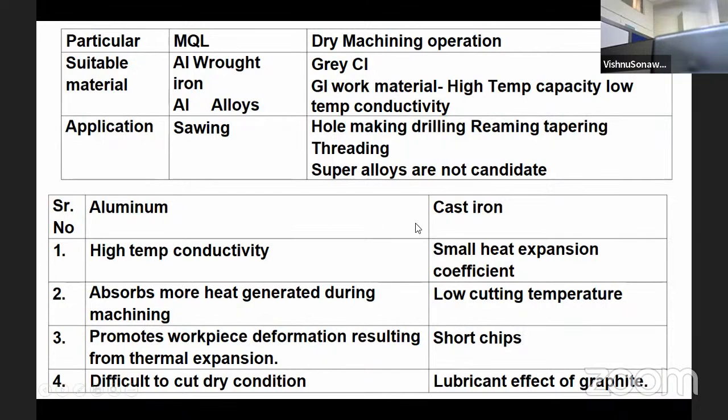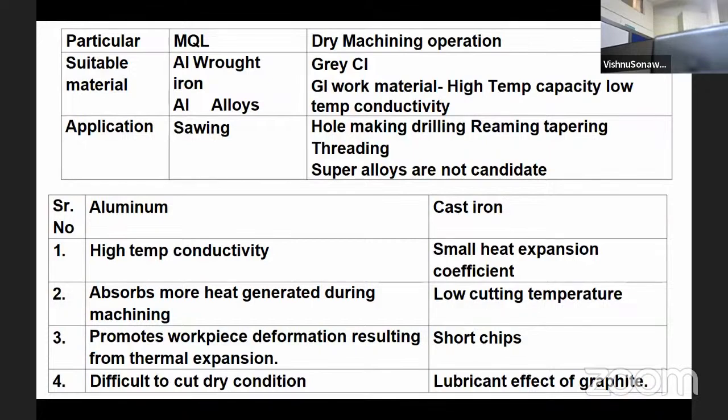Then, we are using cast iron material for machining instead of aluminum. Why does cast iron have higher machinability than aluminum? Because of the material properties: aluminum has high thermal conductivity and absorbs more heat generated during the machining operation.